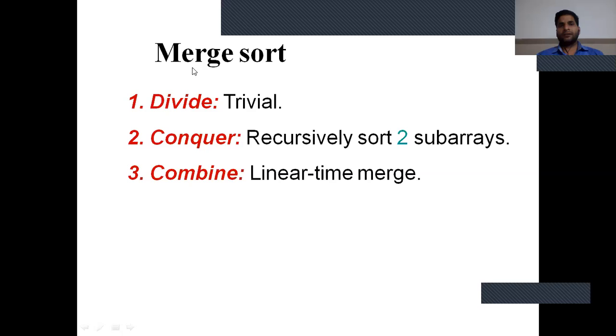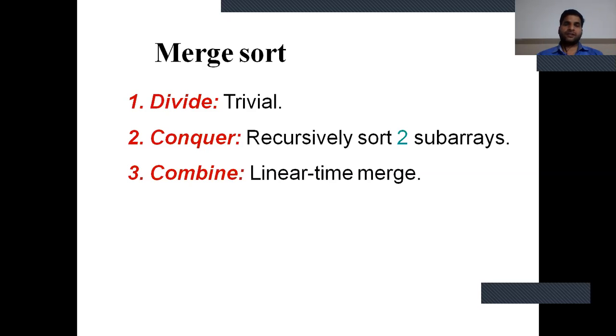Merge sort is already discussed in unit first. Merge sort is categorized into three steps. The given array is divided into two equal portions, n by 2 and n by 2, into subproblems, and divided until the element size of the array is 1.